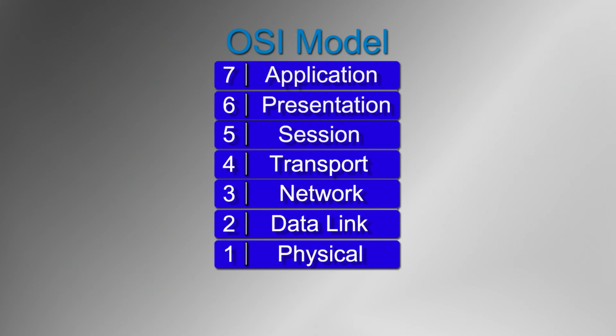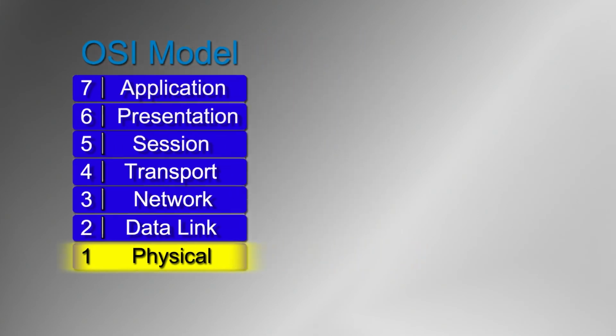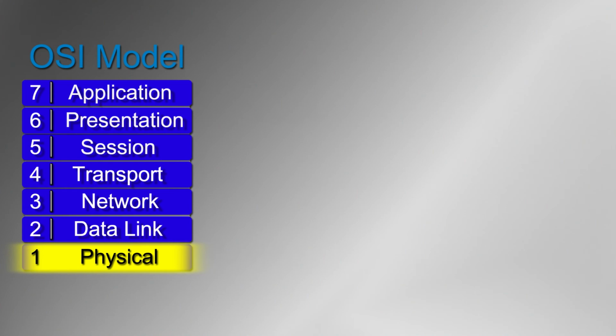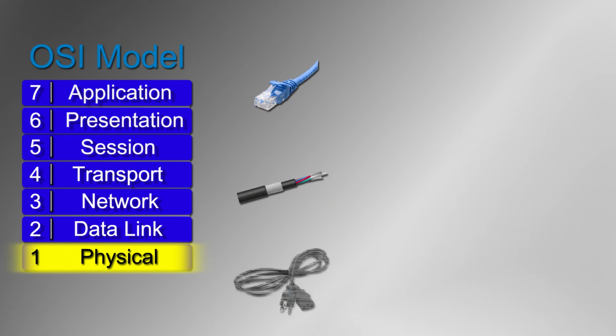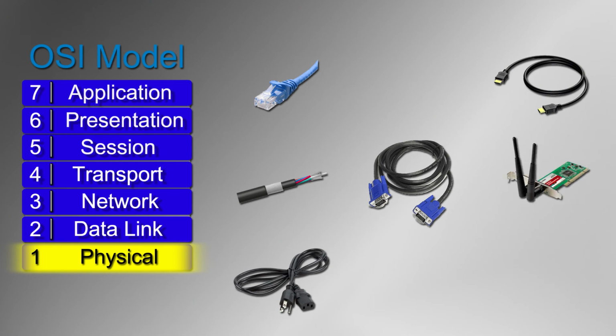The physical layer, also known as Layer 1, constitutes physical components that you can interact with. Examples include RJ45 cables or Ethernet cables, fiber optic cables, power cables, VGA cables, or HDMI cables, wireless network interface cards or NIC, and wireless extenders or repeaters. While troubleshooting problems, the first place to look is the physical layer.